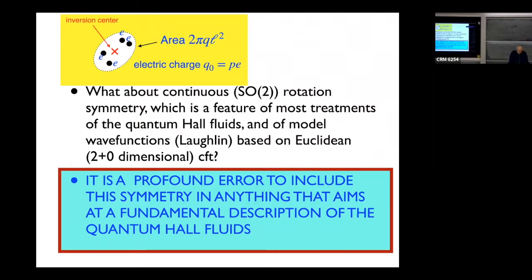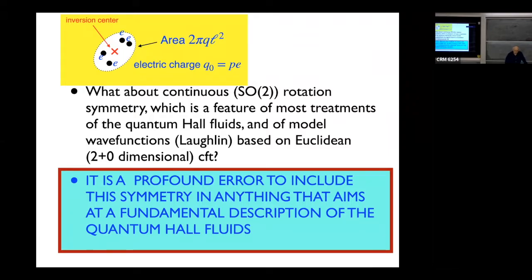And most people would automatically write down rotationally invariant states and start to attach meaning to things like angular momentum and base all kinds of constructions on rotational symmetry. My message to that is it's a profound and deep error to include this symmetry in anything that's supposed to give you a fundamental description of the quantum Hall fluids.